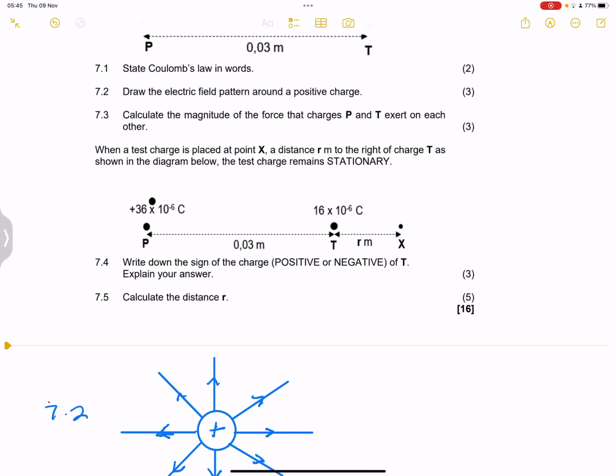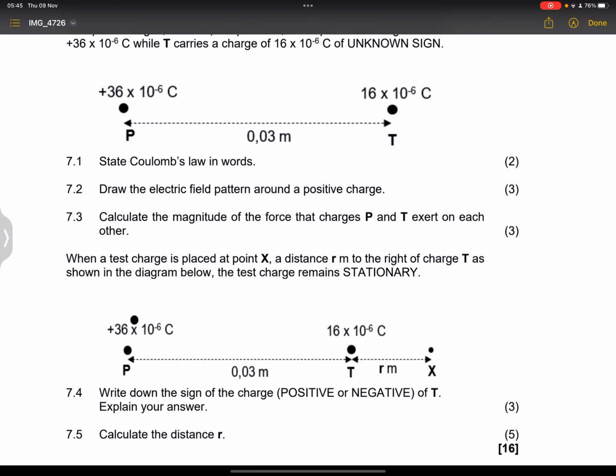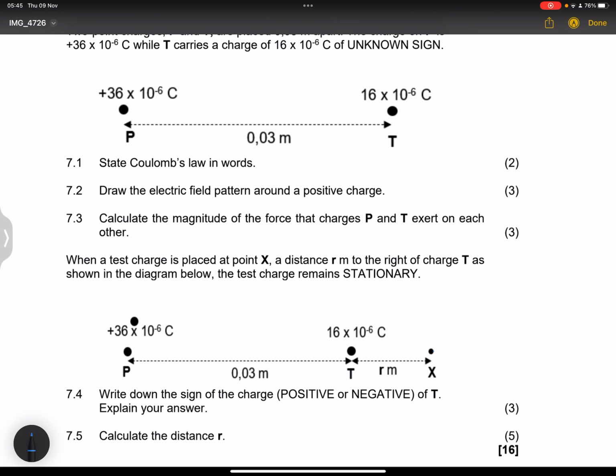Now they say when a test charge is placed on X, a distance r meters to the right of charge T, as shown in the diagram, the charge remains stationary. Now let's talk about that. Remember, every time that we place a test charge, we always assume that that test charge is positive.